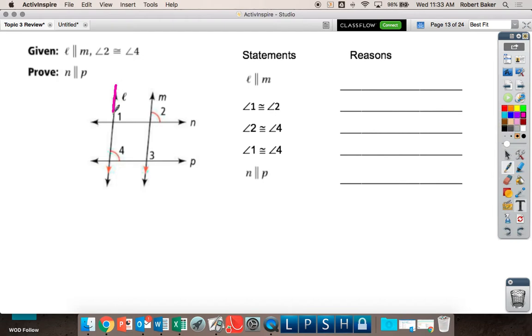L is parallel to M. That's all I know. Why are 2 and 4 congruent? L is parallel to M. Given.